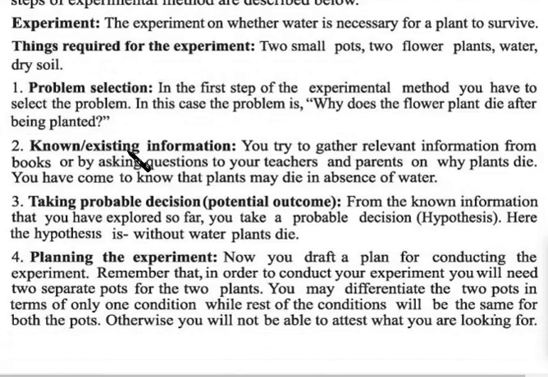Know existing information. You try to gather relevant information from books or by asking questions to your teachers and parents on why plants die. You have come to know that plants may die in absence of water.